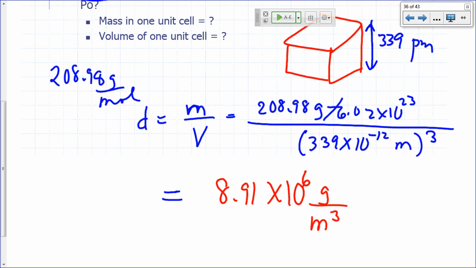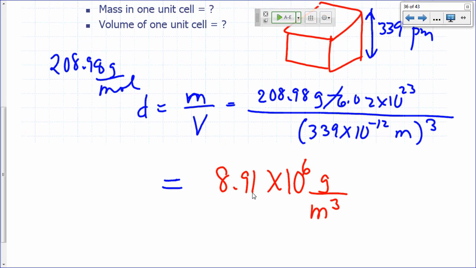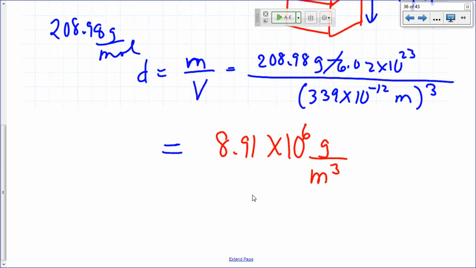How many grams per mil is that? Convert cubic meter to liters. Or you can just say cubic centimeter. What is 1 cubic centimeter? That's a milliliter, right?